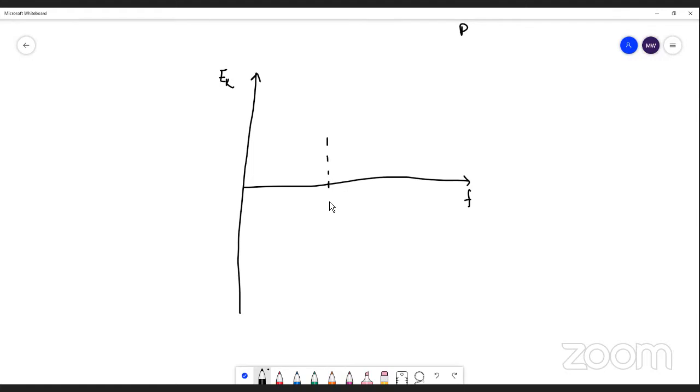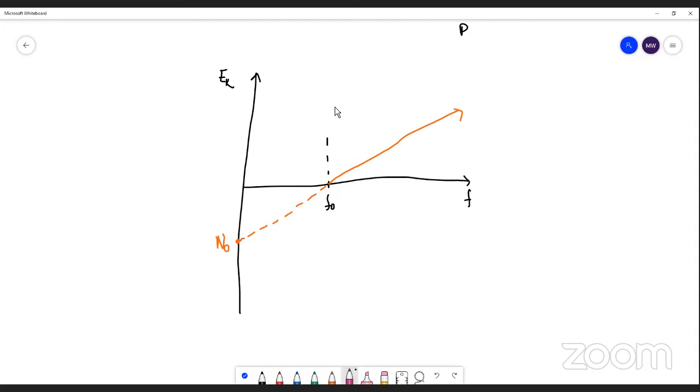So this is my F naught. And that's my straight line. If I take this and I extrapolate this graph back to my y-axis, this point over here would be your W naught.